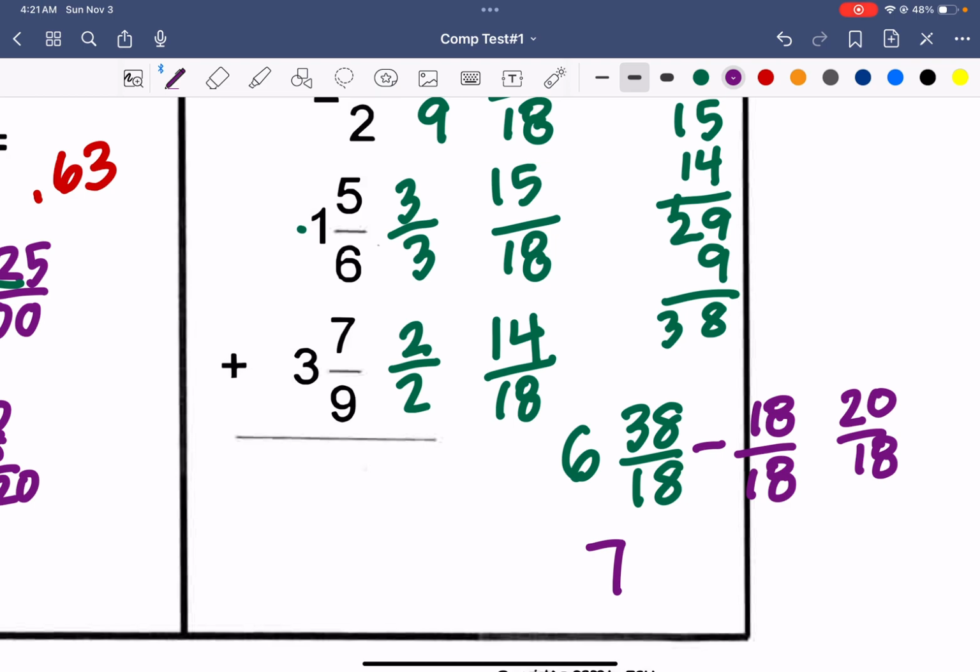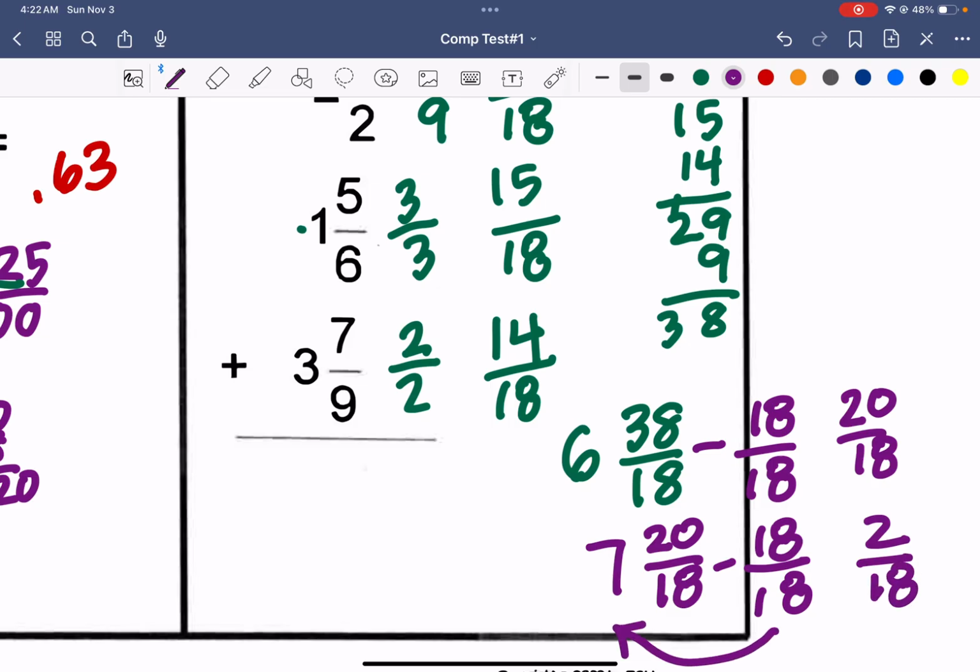So this became 7 and 20 over 18. I can take another whole out because 18 over 18 is just 1. So I end up with 2 over 18, but I have to add that, so it becomes 8 and 2 over 18, which simplifies to 8 and 1/9.